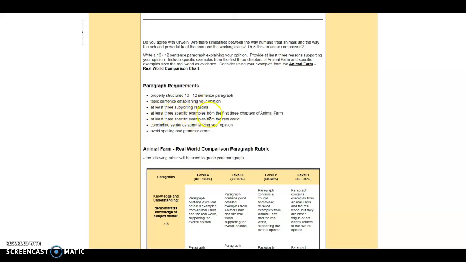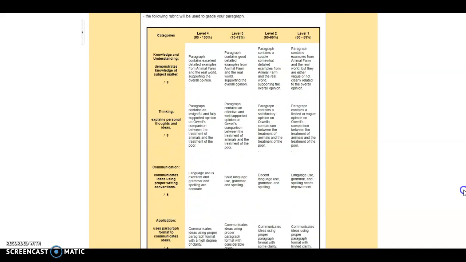You should have at least 3 specific examples from the first 3 chapters of Animal Farm and 3 examples from the real world. So if you have 3 reasons supporting your opinion, give me an example from the book and an example from the real world that supports each reason. You're going to have a concluding sentence summarizing your opinion, and as always, you're going to try to avoid spelling and grammar errors.